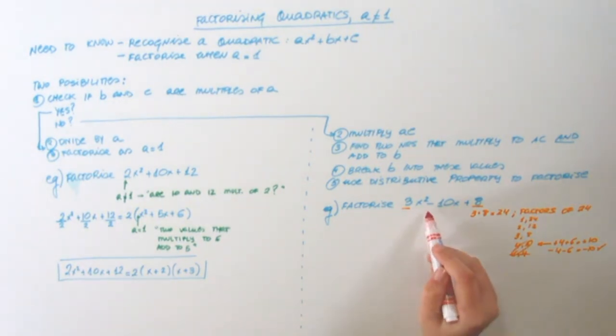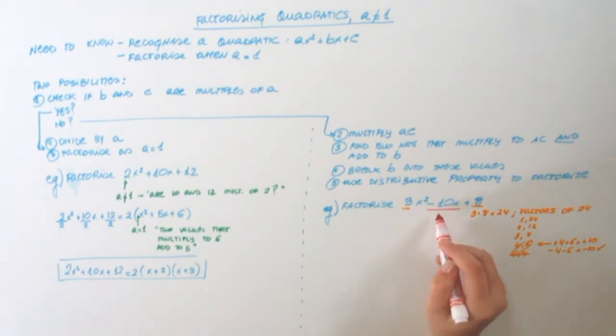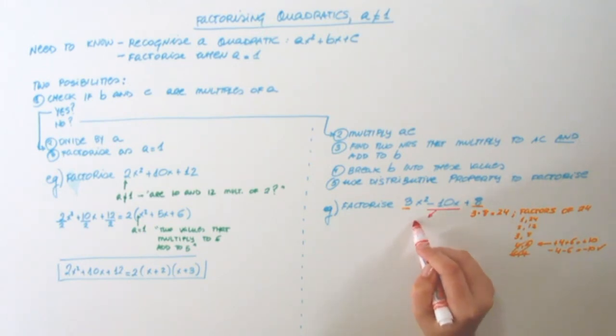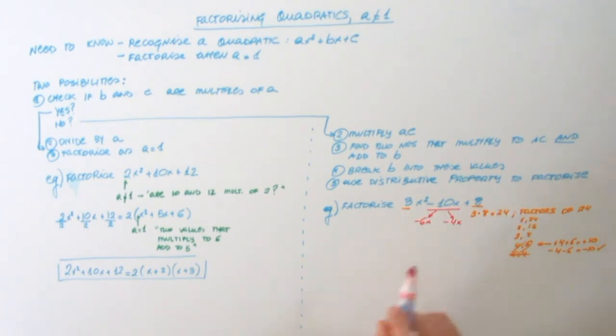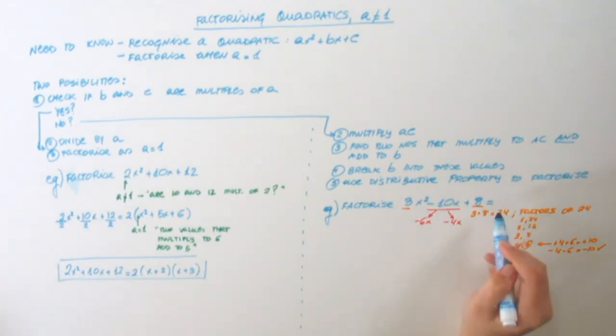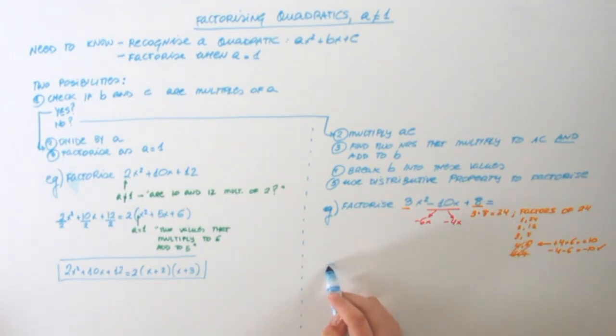Now that I've found these two values, I can, in my mind, break this minus 10x that I'm underlining here into minus 6x minus 4x. So I'm just going to write it here. This quadratic equals 3x squared minus 6x minus 4x plus 8.